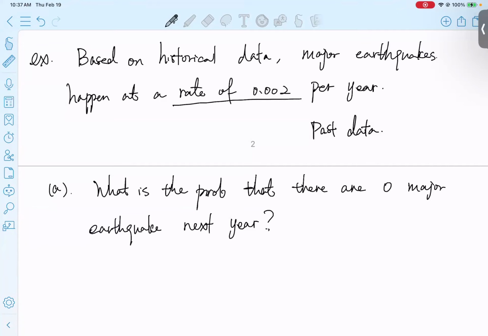But because it says rate, it's discrete. Yeah, so yes, we are here working in the discrete case.